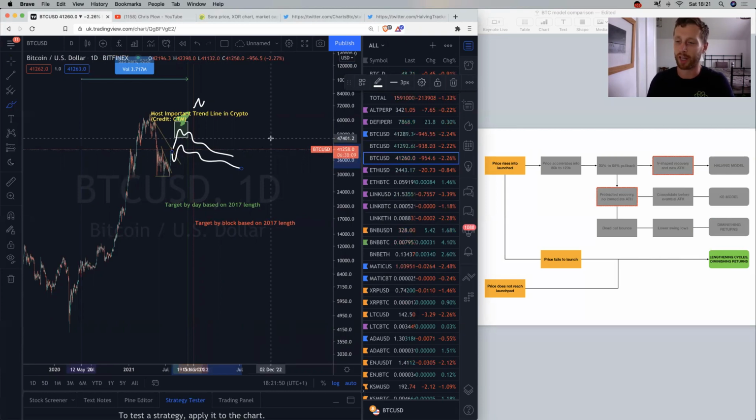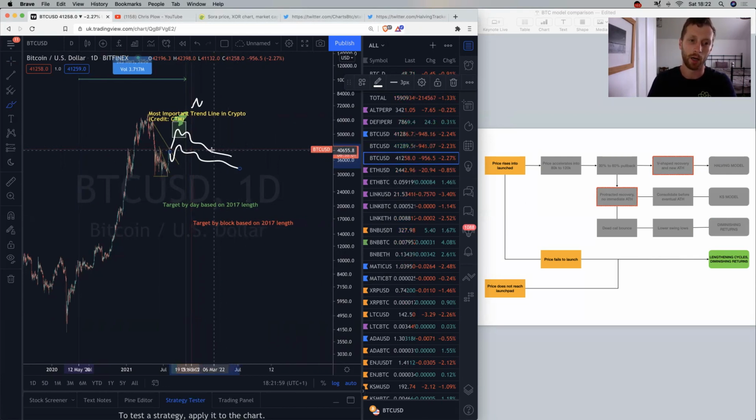Now, this would most likely be lengthening cycles and diminishing returns. This is the work from Benjamin Cohen. You can go and have a look at it.